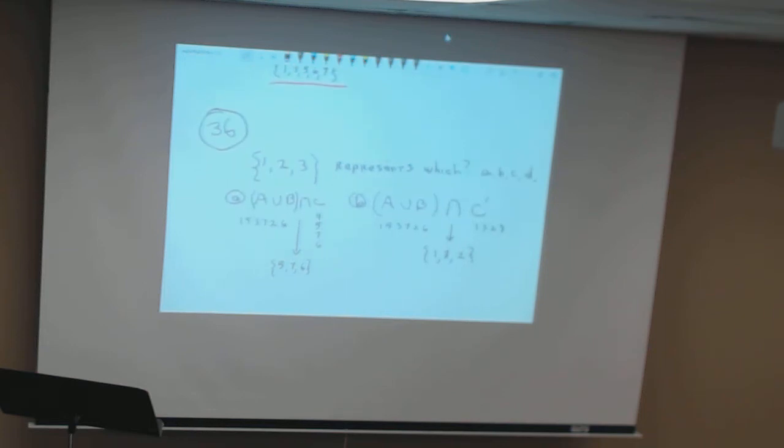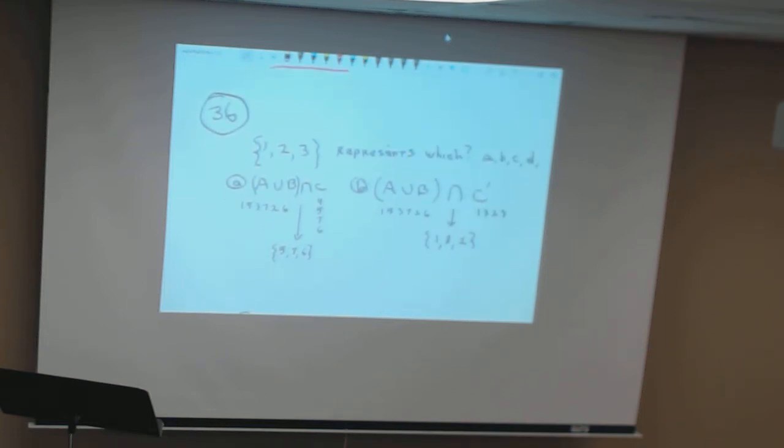Number 36. Referring to the diagram in problems 9 through 17, back on page 80, put your finger by the picture. The set of regions 1, 2, 3 represents which?